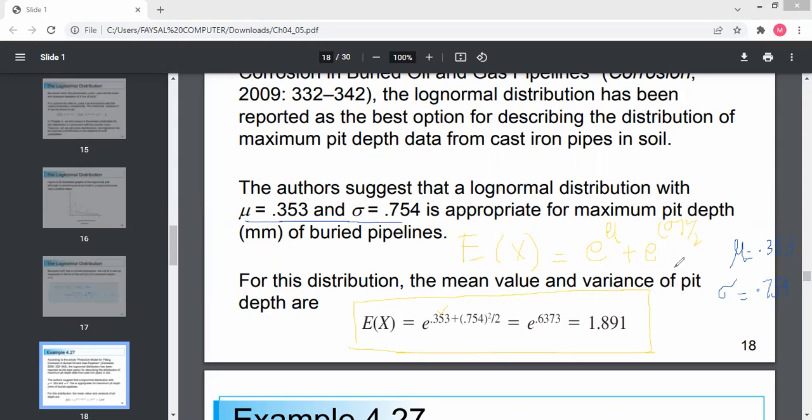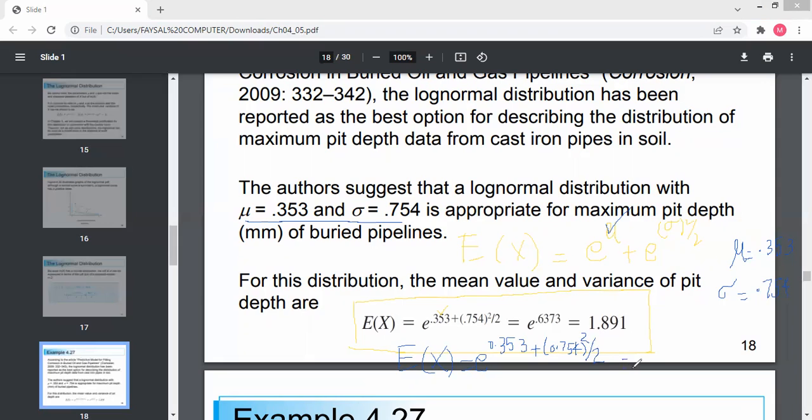Okay, so I put these values, so my E of X will be e power mu, so mu will be 0.353, plus sigma squared, sigma is 0.754, so 0.754 whole squared, divided by 2.